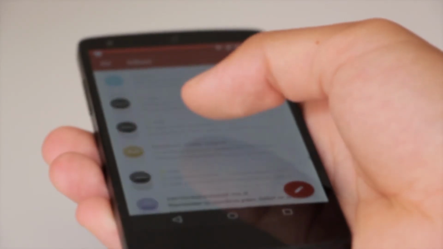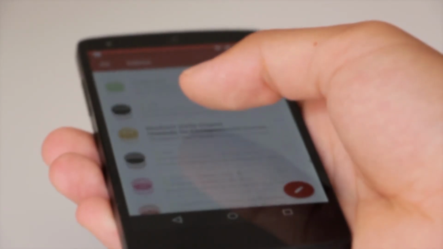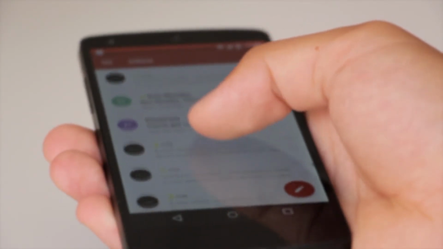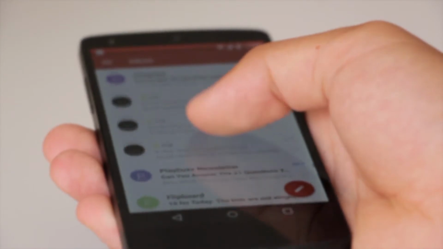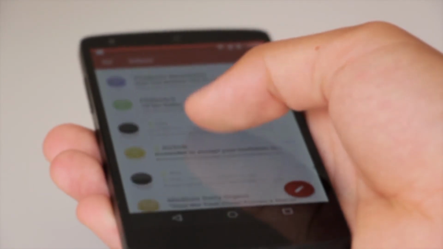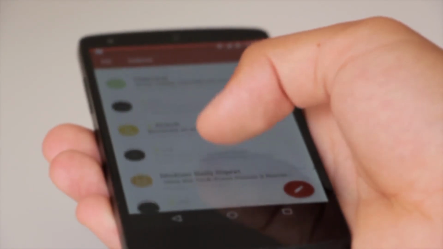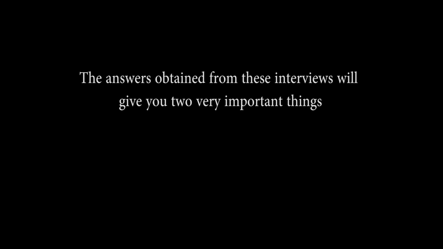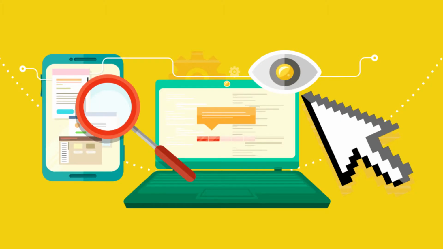One handy technique is a variation of the methodology outlined by Michael Margolis from Google Ventures. This basically involves asking a number of questions to the app's stakeholders to explore important areas. The answers obtained from these interviews will give you two very important things: what the stakeholders already know and what they would like to know.